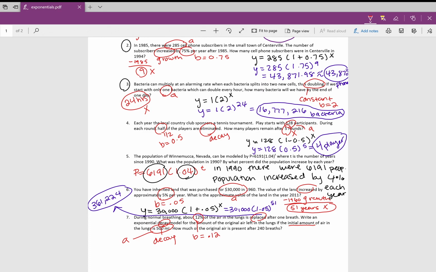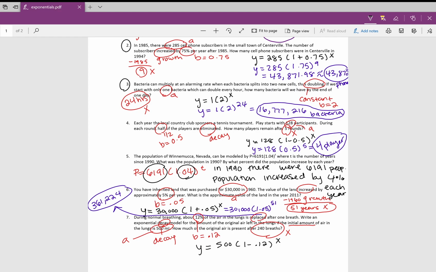How much air is present after 240 breaths? So this is going to be our X, our time. Okay, so let's write our equation. Since it is a decay, it's going to be y is equal to A, which is 500, times 1 minus 0.12 to the power of x.